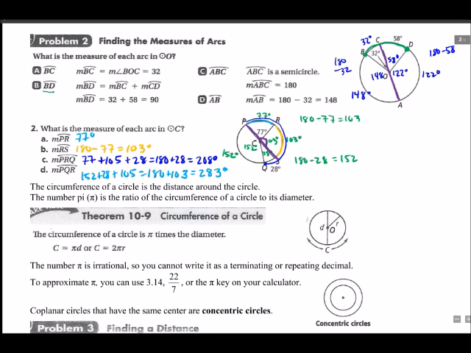And arc PQR, so I start at P here and go this direction all the way around to R. So I can add up all of those, 152 plus 28 plus my 103, or I can just do 180 plus 103, it's 283.